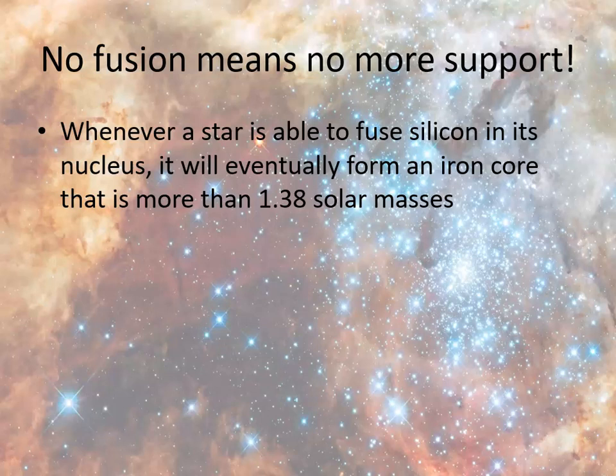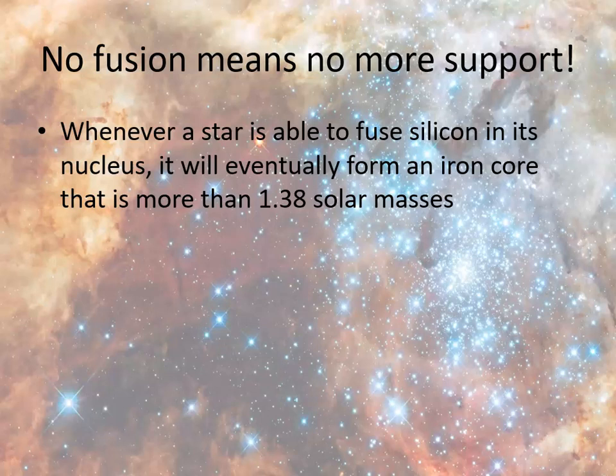Something that we've very briefly referenced at other points in the course is the Chandrasekhar limit. The Chandrasekhar limit is the maximum mass that you can have for a cold, dead object. And by cold, I don't mean cold in temperature. I mean something that is no longer participating in nuclear fusion.